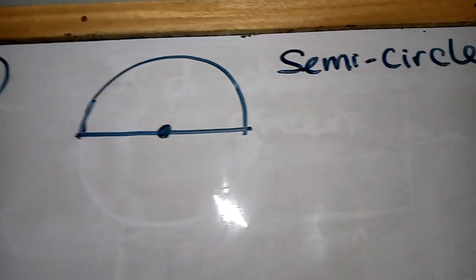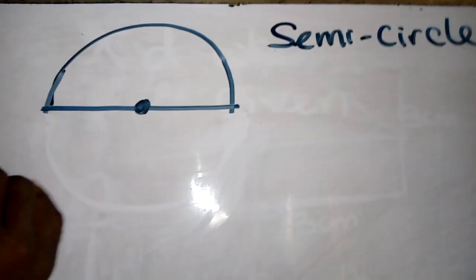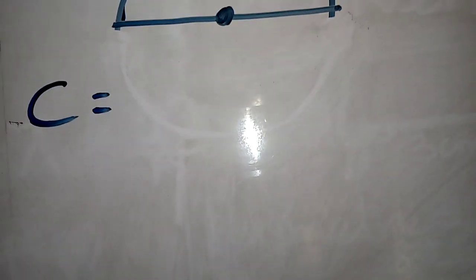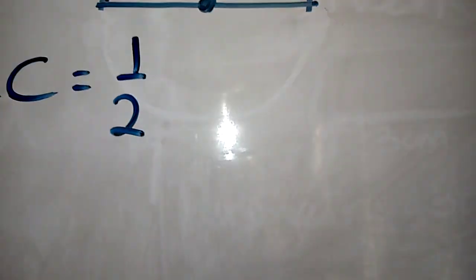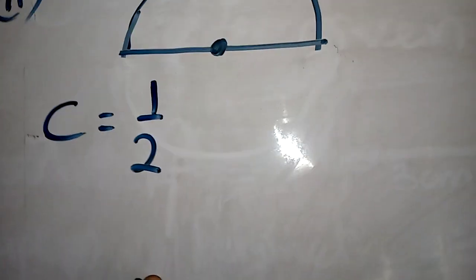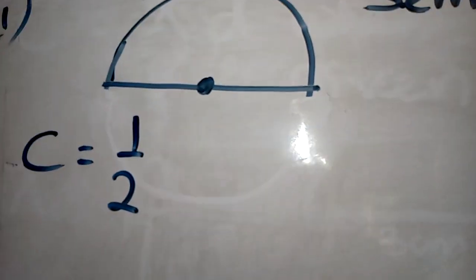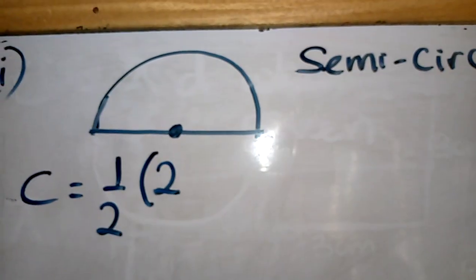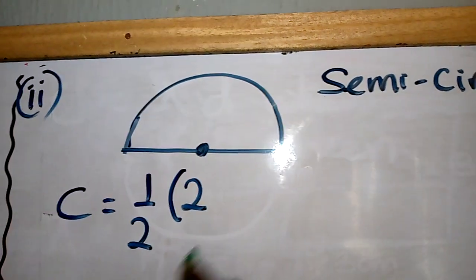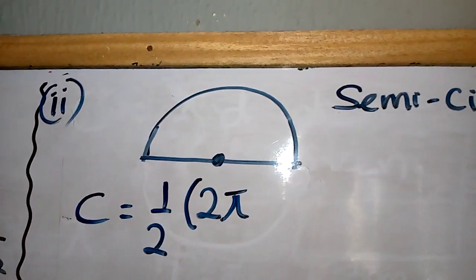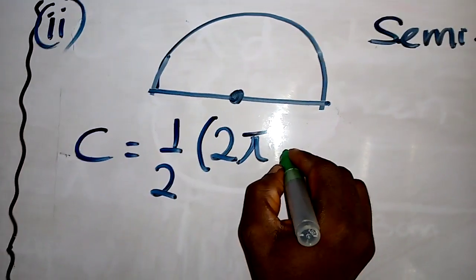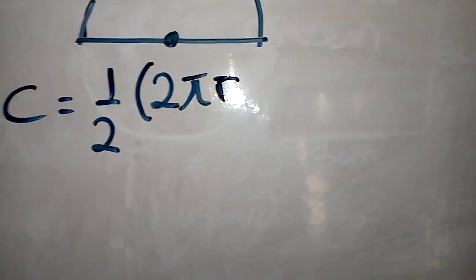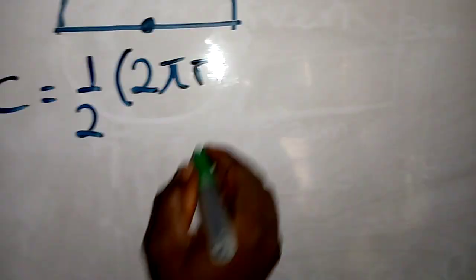So what will now be the circumference? The circumference of a semicircle will be half of the circumference of a full circle, which is half of 2 pi r.